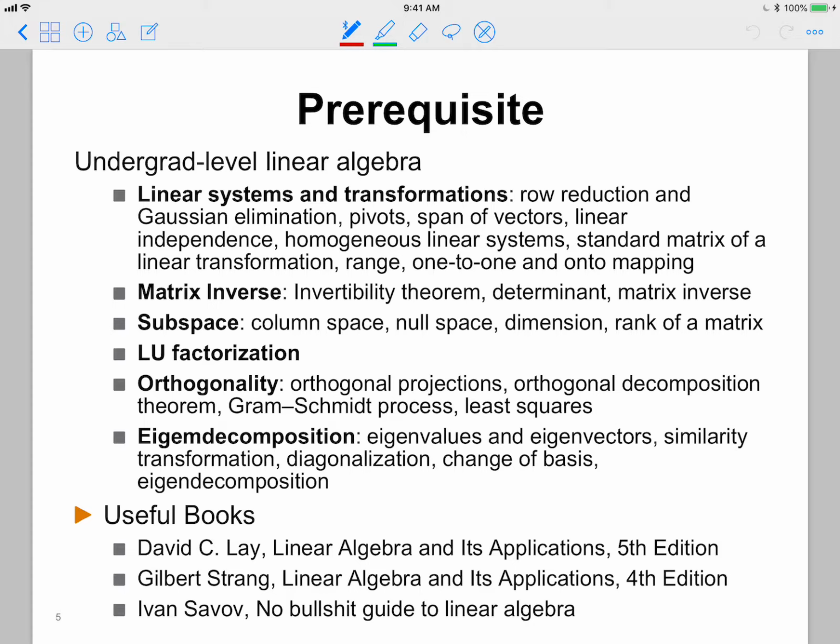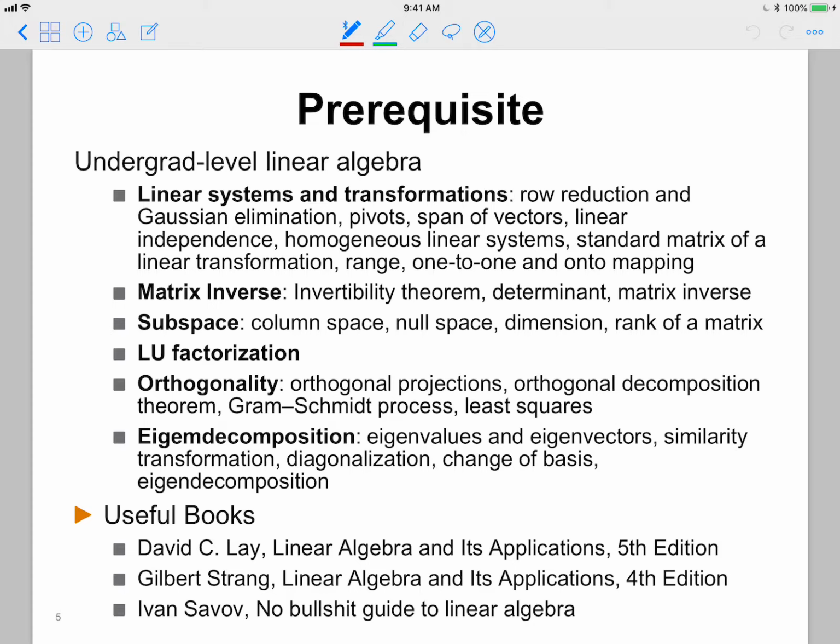This is a graduate level linear algebra course, so I assume you have a solid background in undergrad level linear algebra.